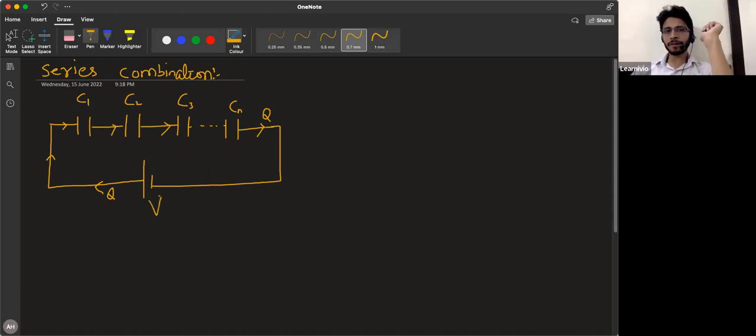If the voltage of the battery is V, then the voltage will divide. This voltage divides into n parts, V1, V2, V3, Vn.